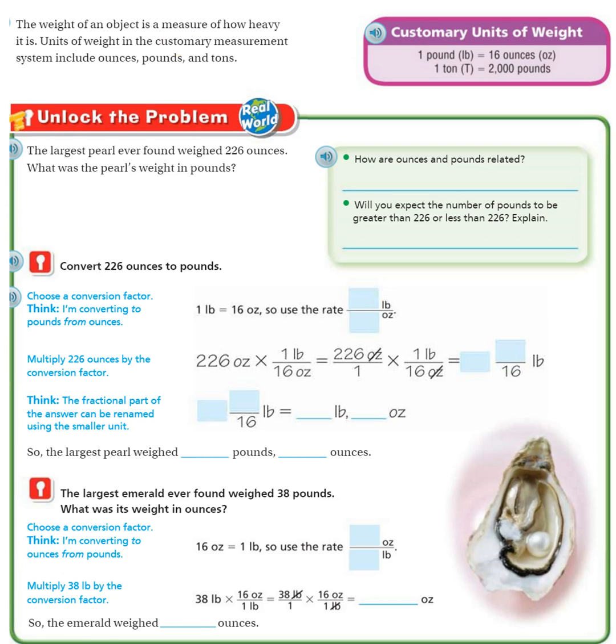The weight of an object is a measure of how heavy it is. Units of weight in the customary measurement system, so the customary measurement system includes ounces, pounds, and tons. The largest pearl ever found weighed 226 ounces. What was the pearl's weight in pounds? That's our question. How are ounces and pounds related?